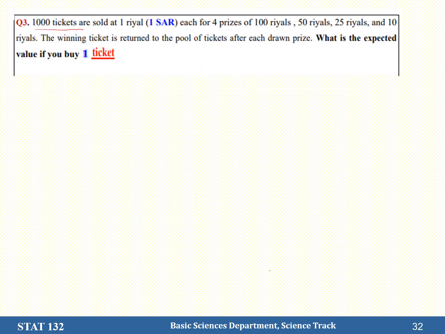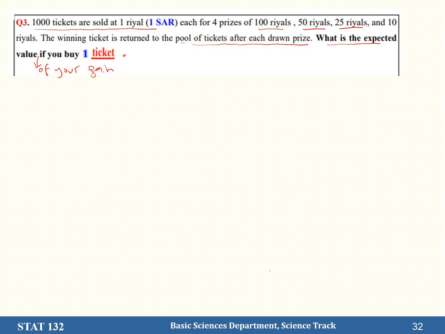Question 3. 1,000 tickets are sold at 1 real each for 4 prizes of 100 reals, 50 reals, 25 reals, and 10 reals. The winning ticket is returned to the pool of tickets after each draw. And now what is the expected value of your gain if you buy one ticket?